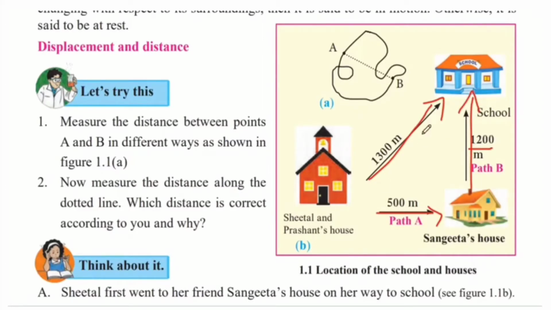So Prashant in total walked around 1300 meters, but Sheetal walked 500 plus 1200 meters, that is 1700 meters. So as you can see here, Sheetal travelled 1700 meters, that is more than 1300. So since Prashant's house and the school is 1300 and he went directly, he travelled less than Sheetal.